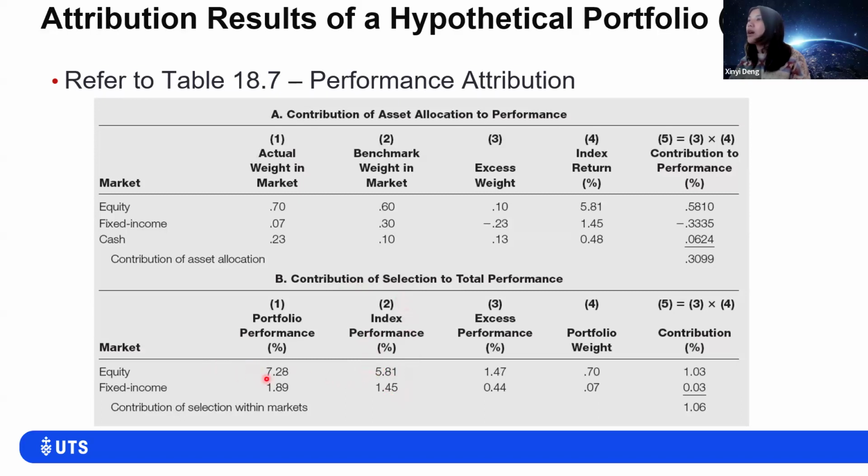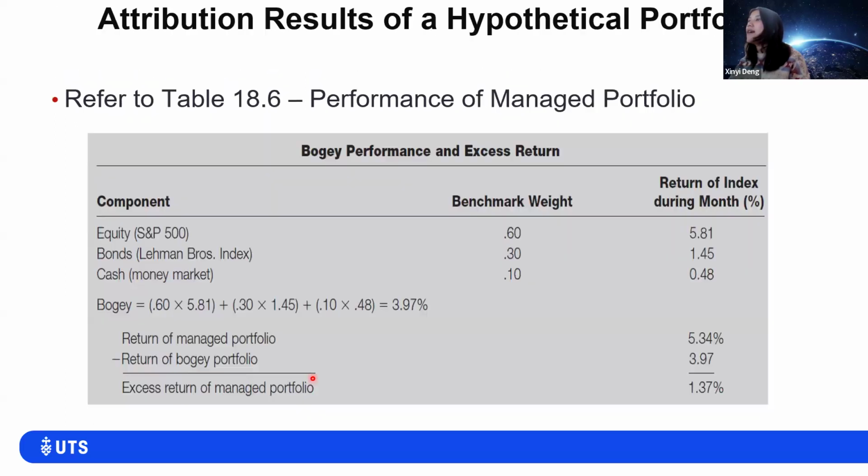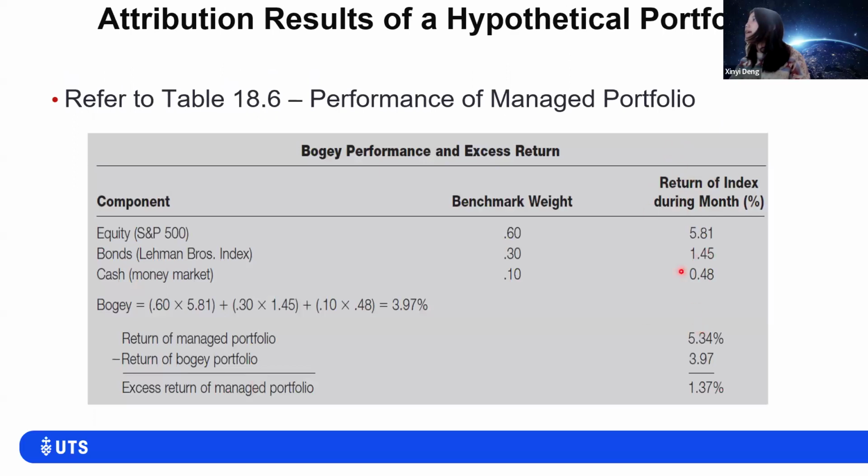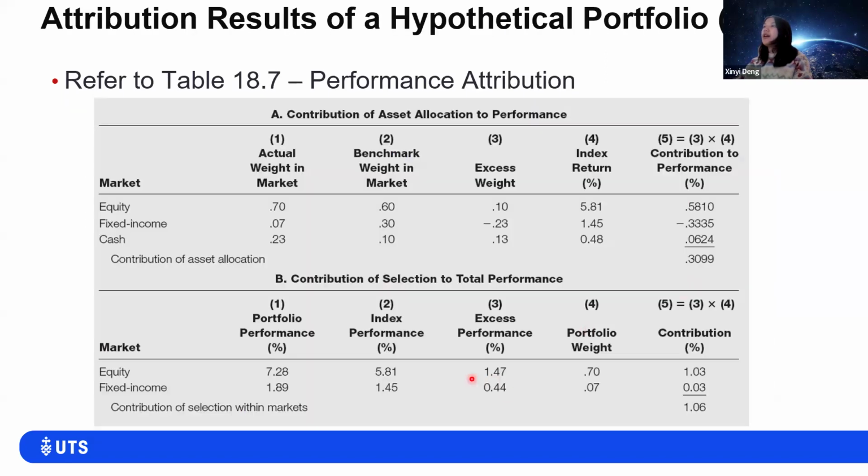For the equity market, we know that the portfolio performance is 7.28. And as we showed previously, in the second column in the previous slides, we showed the performance of those index returns.